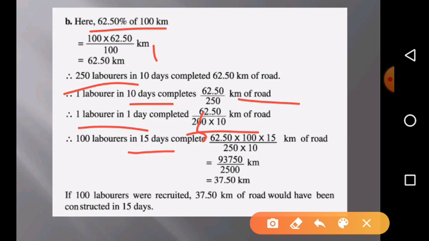So these two parts 100 and 15 will be multiplied with this fraction.